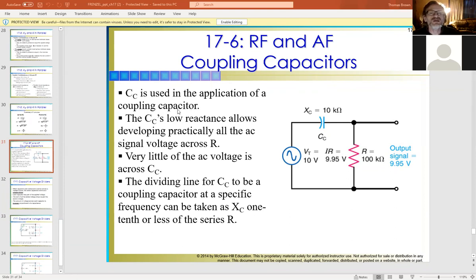The coupling capacitor's low reactance allows developing practically all the AC signal voltage across R. And so what he's saying is that in the phasor diagram, the tangent of theta for this particular circuit, because of the difference between the 10K ohm and the 100K ohm, as you can see here, most of the voltage, we have 10 volts total, and 9.95 of that is across the resistor. So your phase would almost be with no deviation in a case like this.